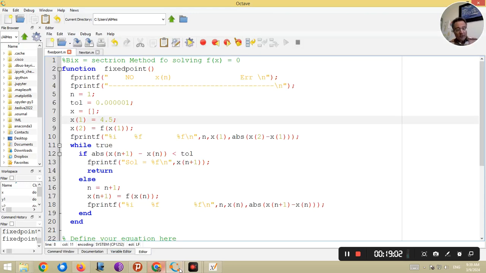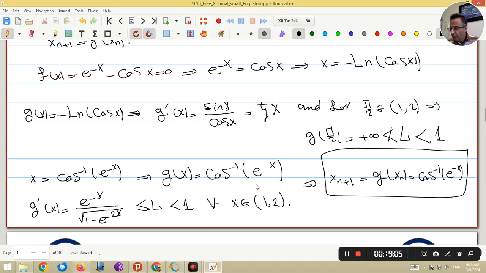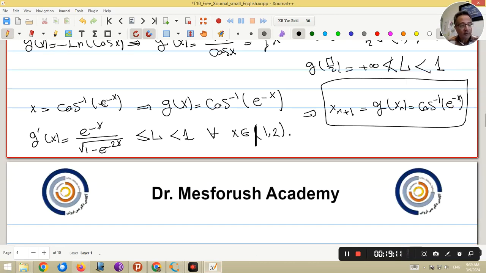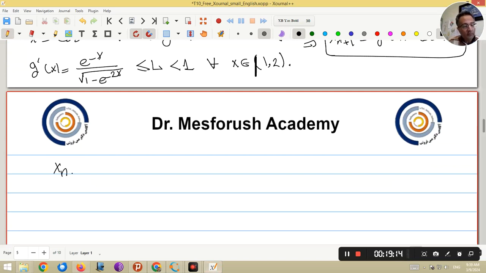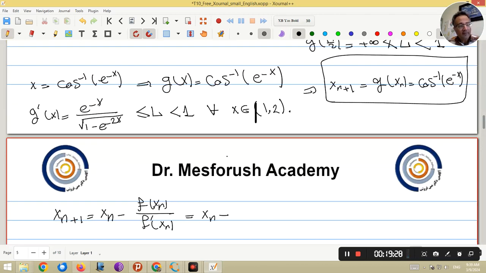Now, let me show you what happens if I use the Newton method. I have to choose another sequence in this form: x_{n+1} equal to x_n minus f of x_n over f prime of x_n. And f of x is e to the power of minus x minus cosine of x, so f prime is minus e to the power of minus x plus sine of x.